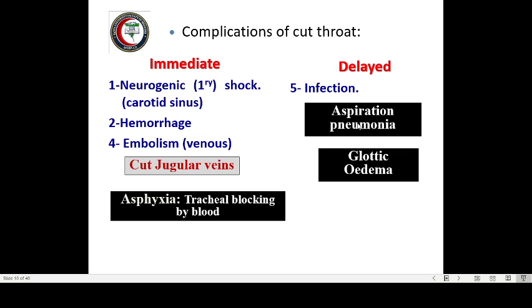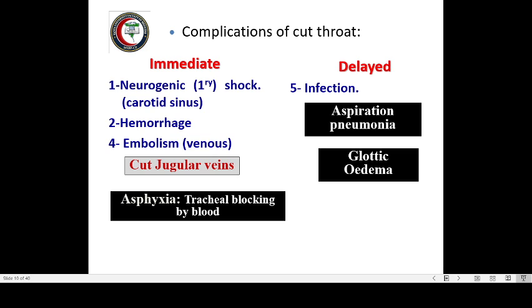How aspiration pneumonia will occur? In case of trauma to the neck, especially cutthroat, few droplets of blood may go through the trachea. They are few drops, they cannot block the trachea, but they go deep into the lung tissue, causing irritation and causing inflammation and pneumonia.